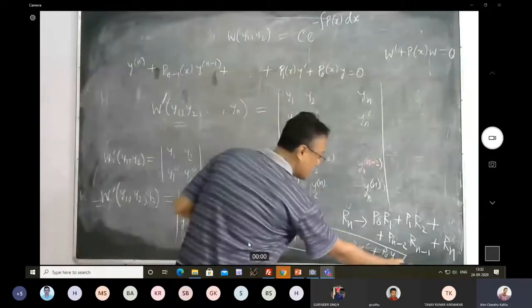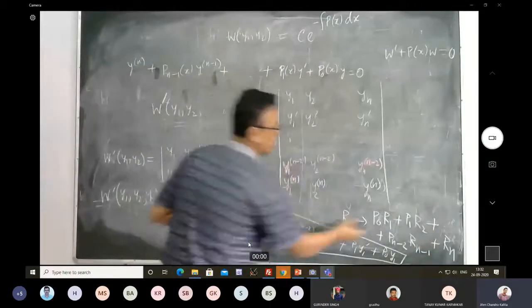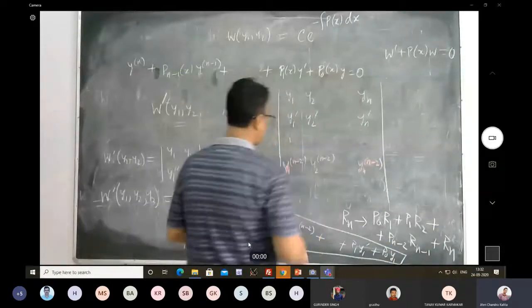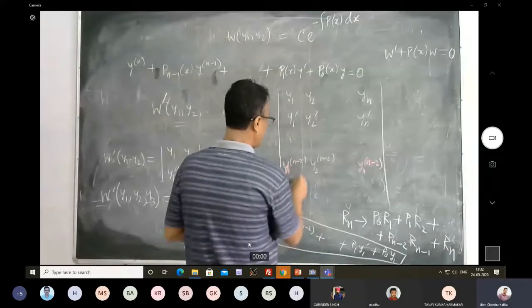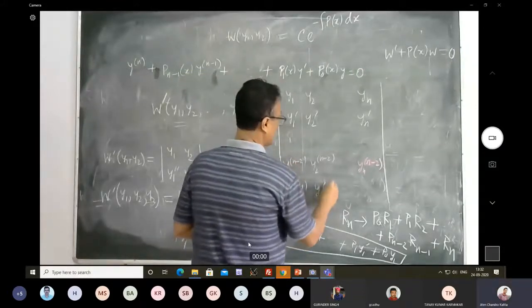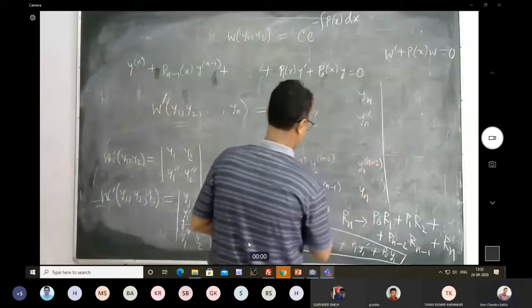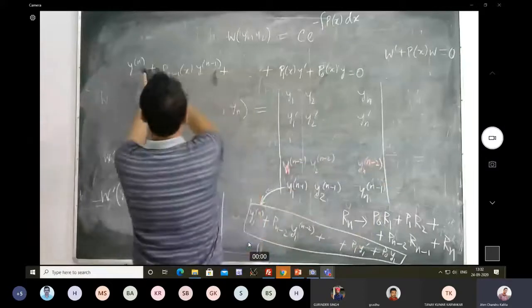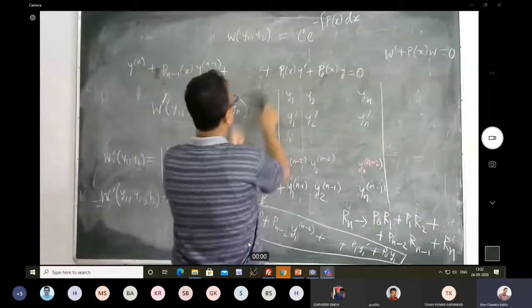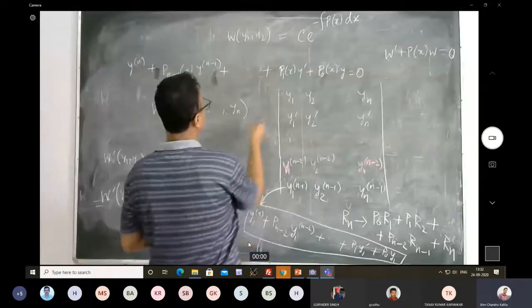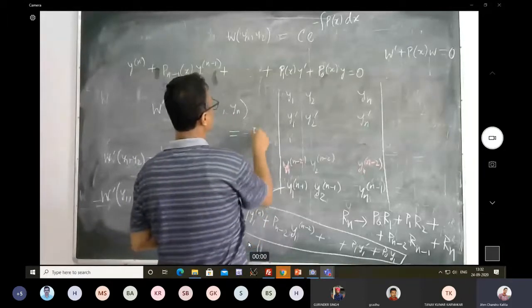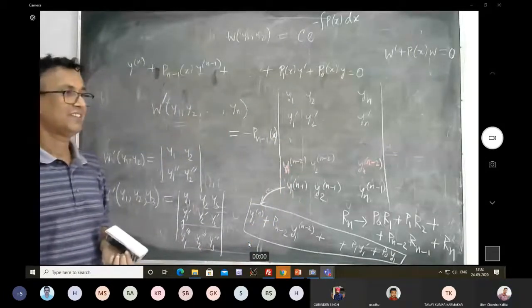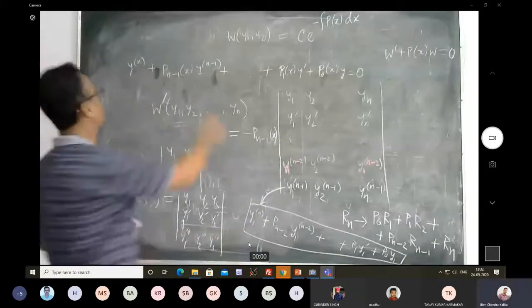By this row transformation, I can write this eventually, and because minus P n minus 1 x is common to every element, I can take it out.